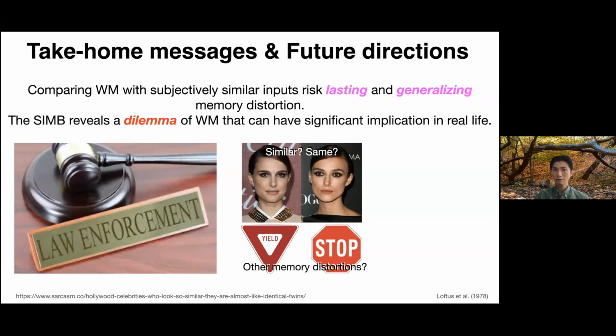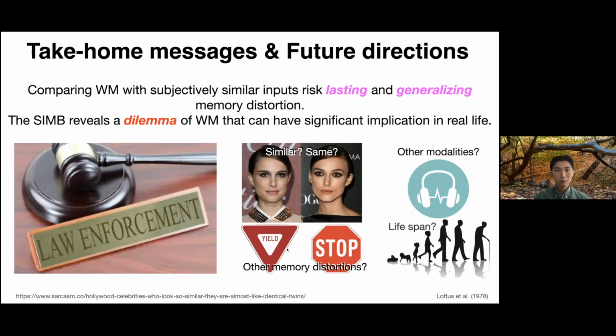Is there any way for the SIMB or a similar kind of bias to explain this dissociative memory distortion in the long-term memory literature? Additionally, I think it'll be very interesting to examine whether the same happens to other modalities of working memory. We know that we can hold information from other senses in working memory, like acoustic information or tactile information. Are they also susceptible to SIMB? Would be a really interesting direction of research, I think.